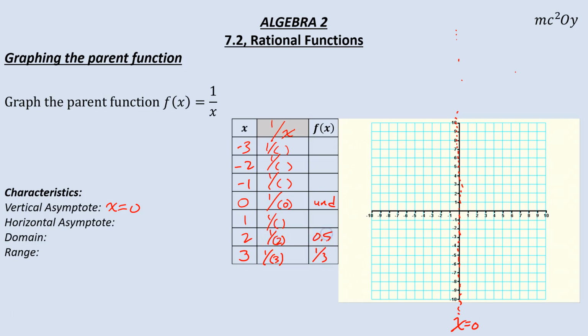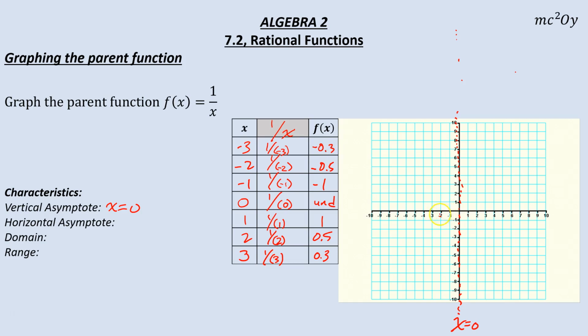Let's write it as a decimal rounded to the nearest tenth. So 1/3 would be 0.3 rounded to the tenth. 1 over 1 is 1. 1 over negative 1 is negative 1. 1 over negative 2 is negative 0.5. And 1 over negative 3 is negative 0.3.